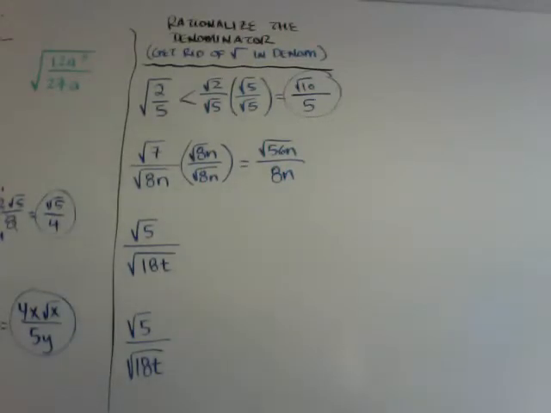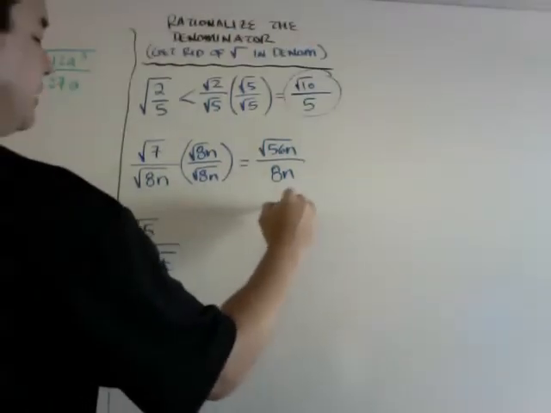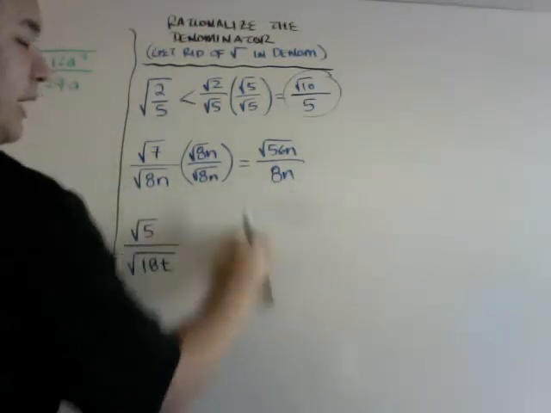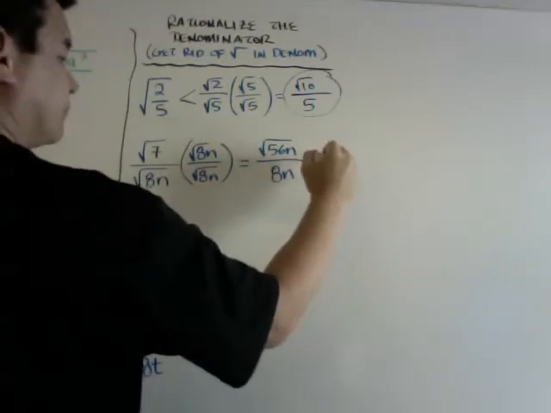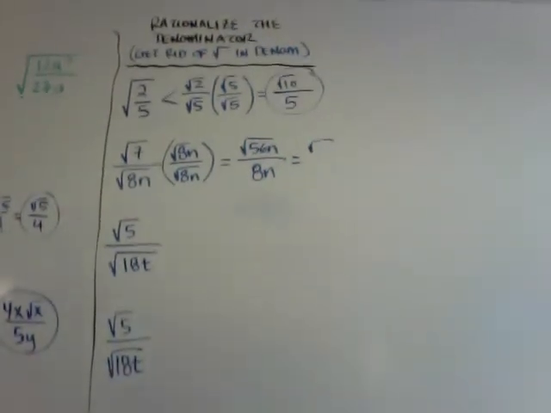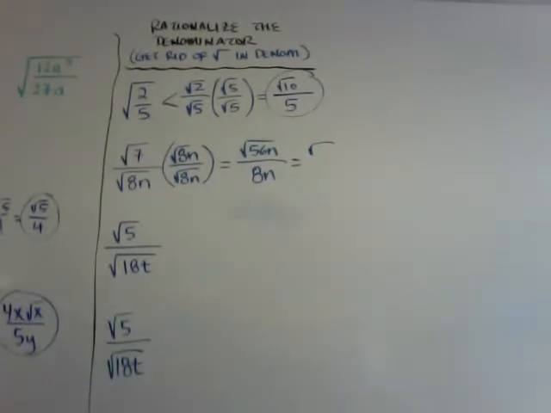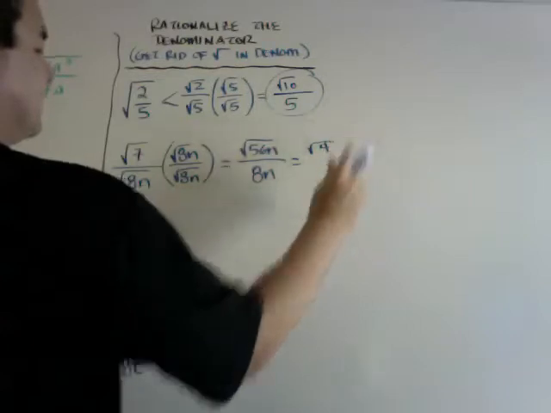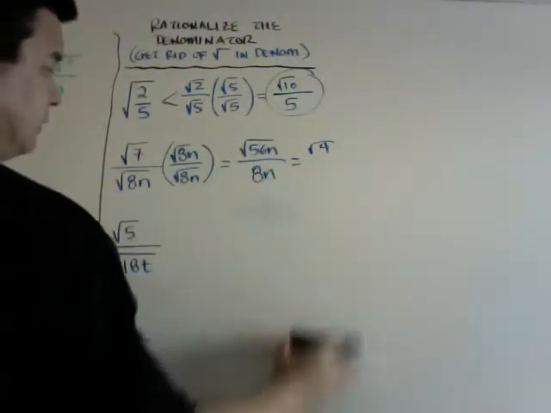Does 56 break down at all? So this is where you go 2 and 28. So it would actually break down, because I can see 28 has a 4 in it. So I could go 4 times 16. No, that wouldn't work.